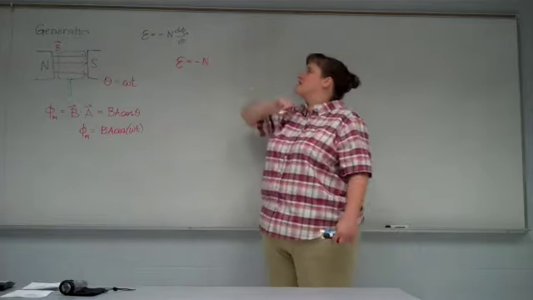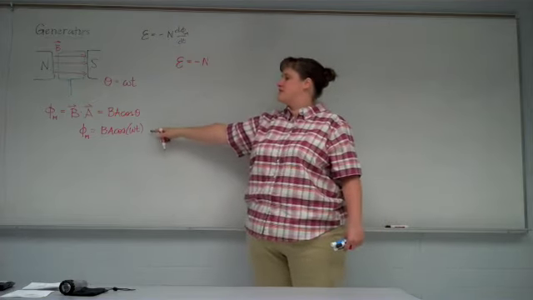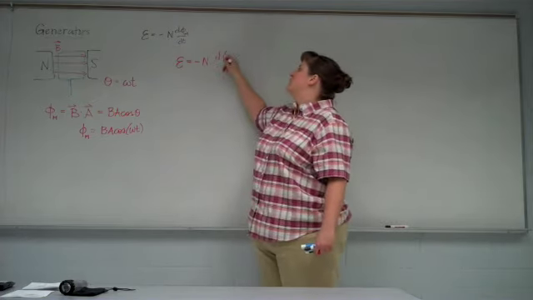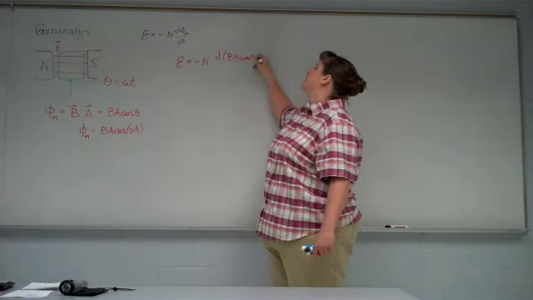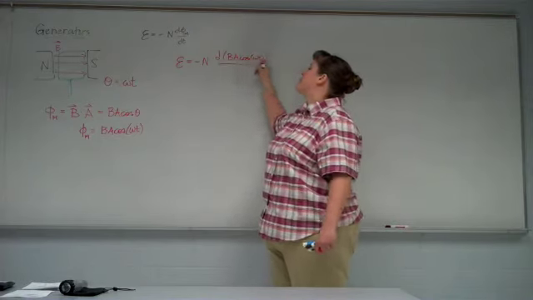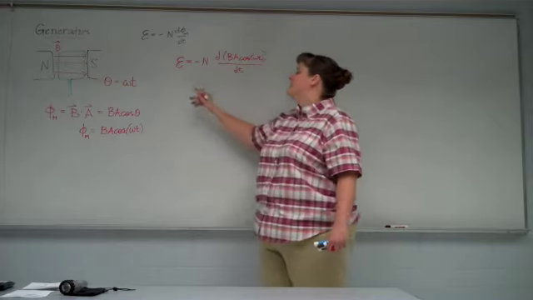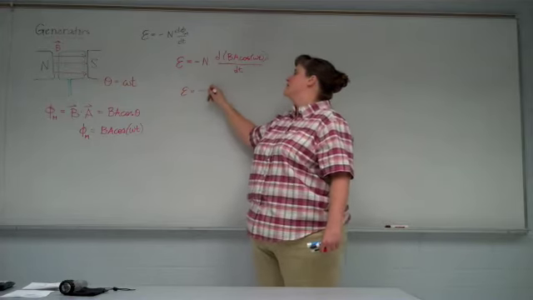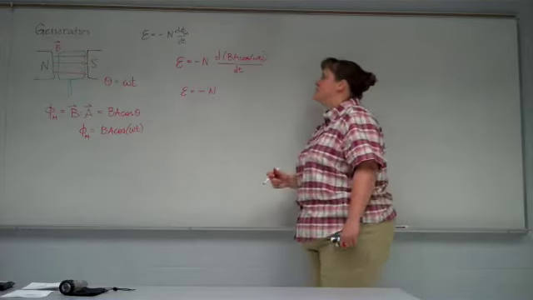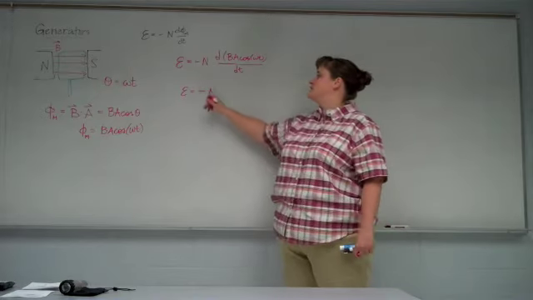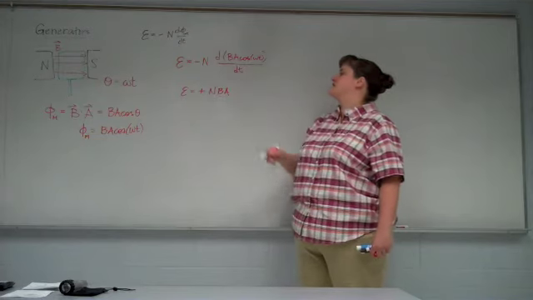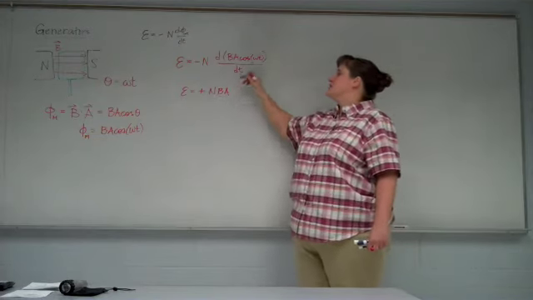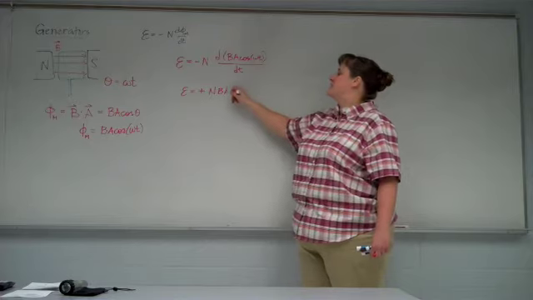And it's going to depend on the derivative of this function with respect to time. The derivative of cosine is negative sine, so the negative signs will cancel. The B and the A are constants. The derivative of the inside stuff is omega.